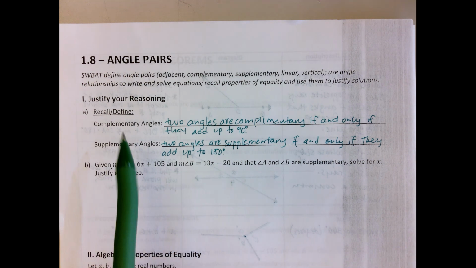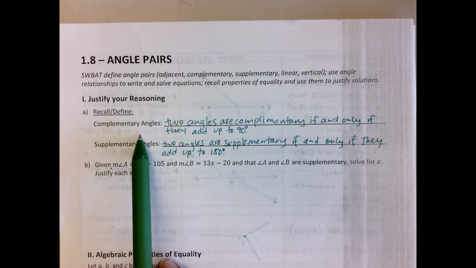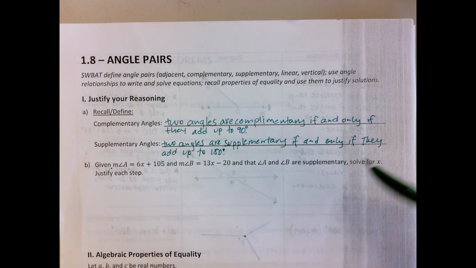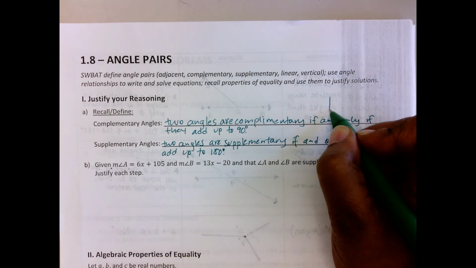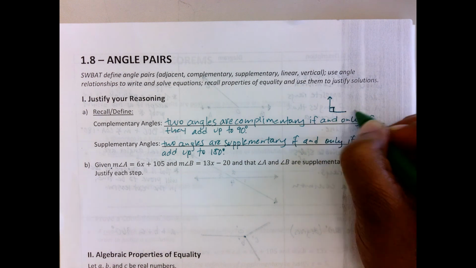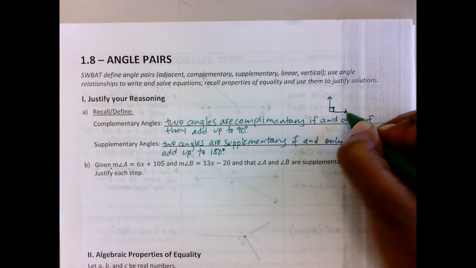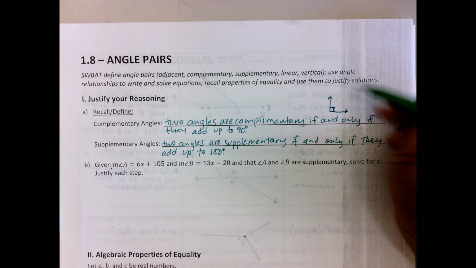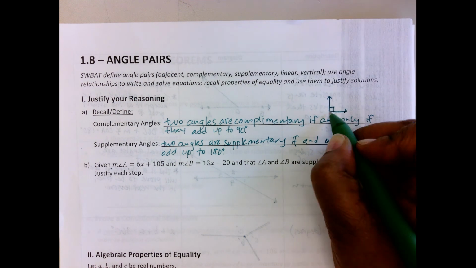Alrighty, so the notes you need to take are the definition of complementary angles. Two angles are complementary if and only if they add up to 90 degrees. So, for example, I have this 90-degree angle here. But because this is one angle, this is not complementary.